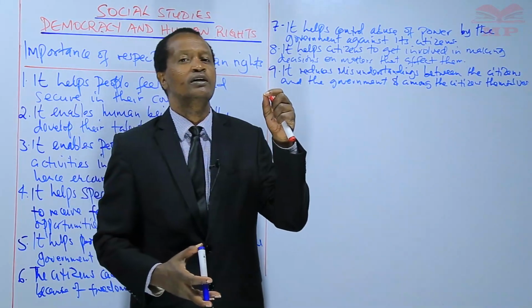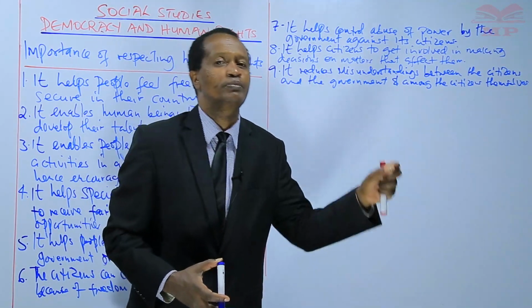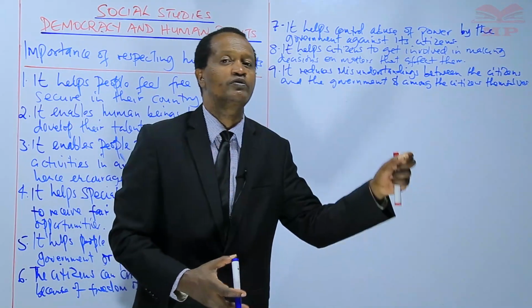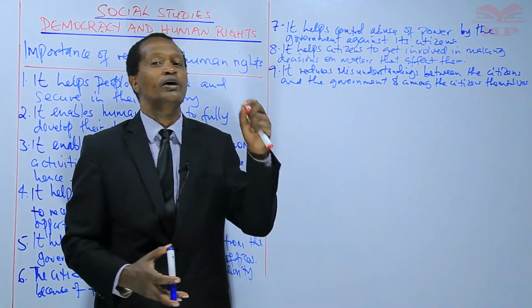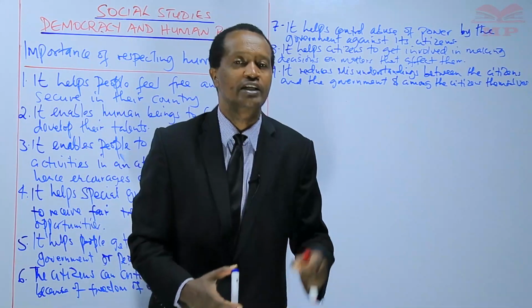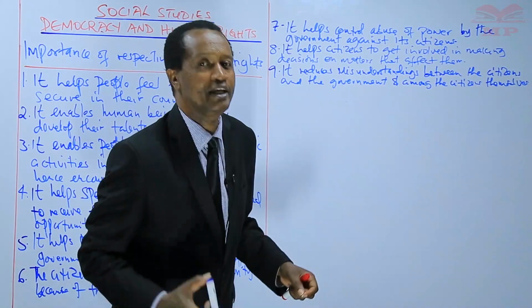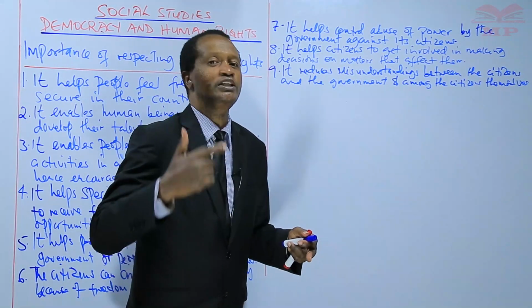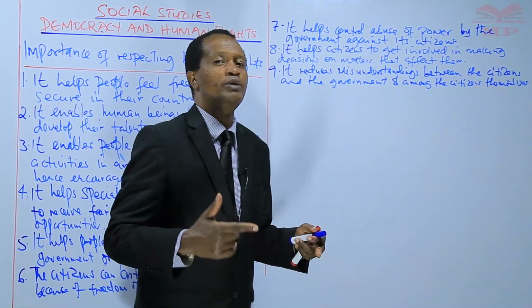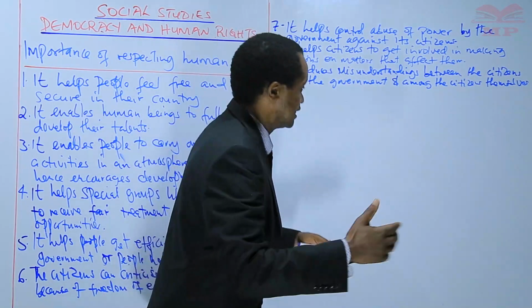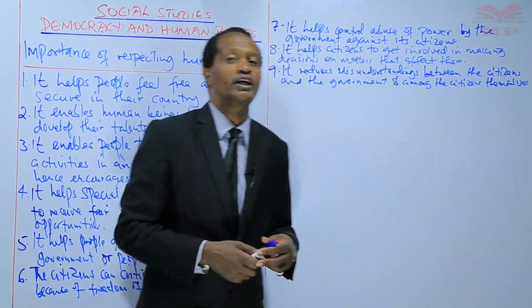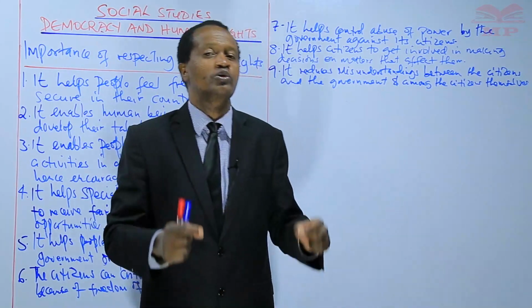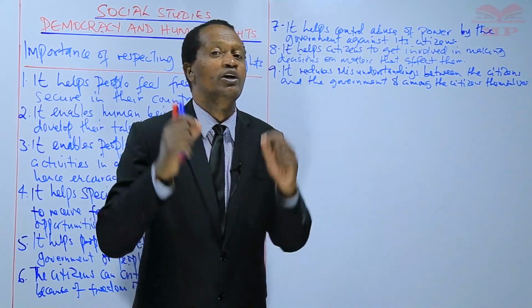But where the government dictates to people, or makes decisions on behalf of people, when people are not involved in decision making, then the people may get angry. People may not be happy. People will not have a sense of belonging. That is where disunity or chaos begin, when people feel that the government is dictating, because human beings by nature do not like to be told things to do. They want to make their own decisions. So in a democracy, the people make their own decisions.